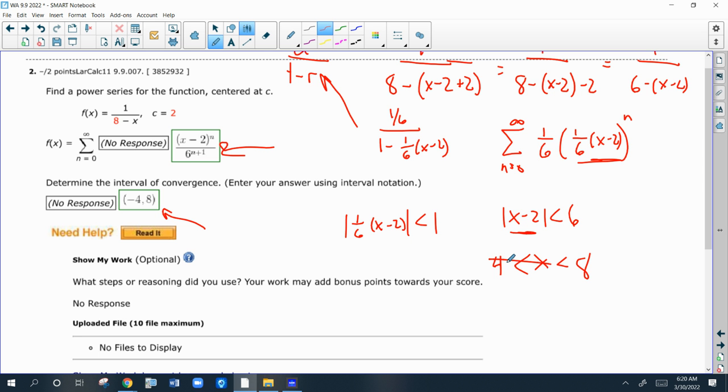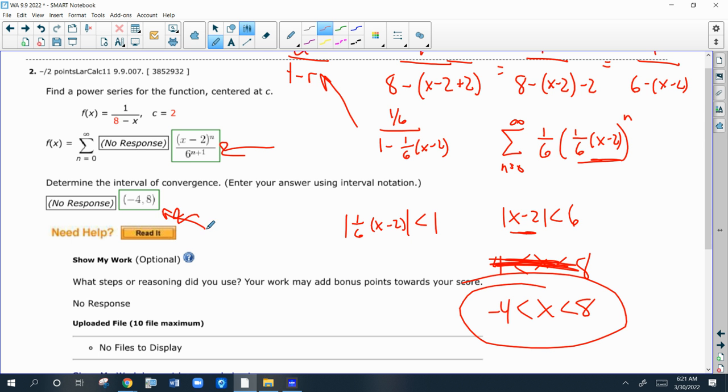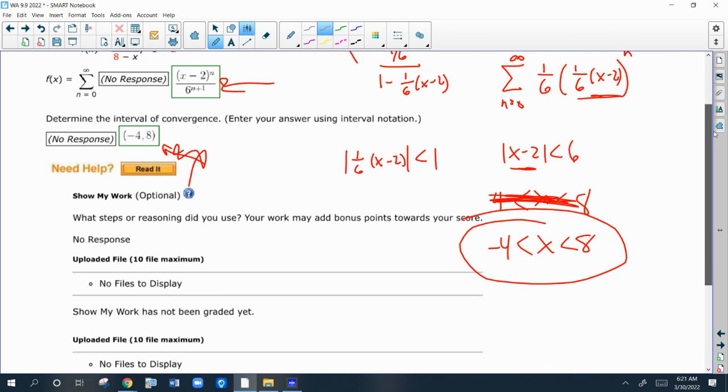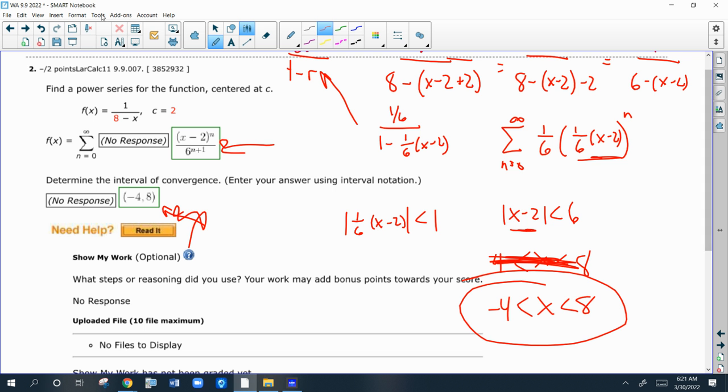I don't know what I was doing there. I'm sorry, that's a mistake we make. The radius is 6. My center is 2. So 2 minus 6 is negative 4, and 2 plus 6 is 8. So, yeah, they are right. I thought that's a brain fart there. So we won't cut that out.